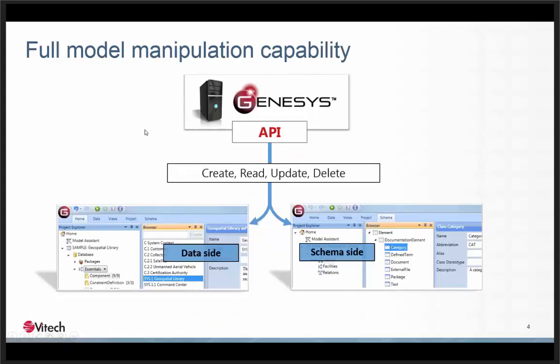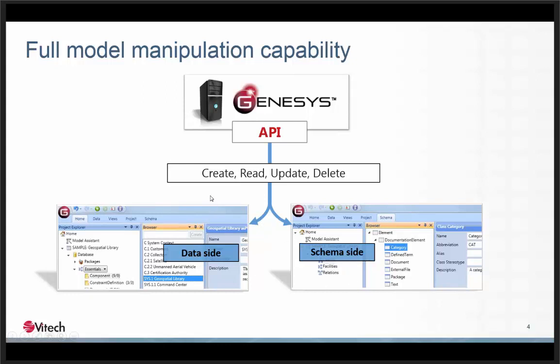Okay, so what does that mean in terms of API functionality? Given that the API is indeed a fundamental part of the architecture, what that means is you have full control over your model programmatically. Or in other words, you have full create, read, update, and delete abilities against your model modules, and that includes both the data side of your projects, as well as the schema side of your projects.